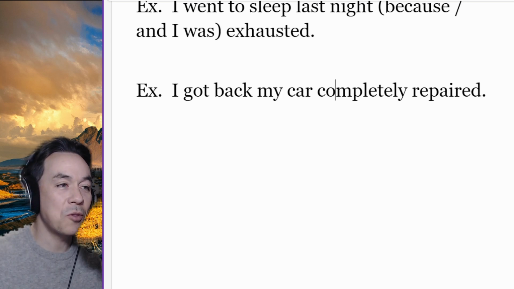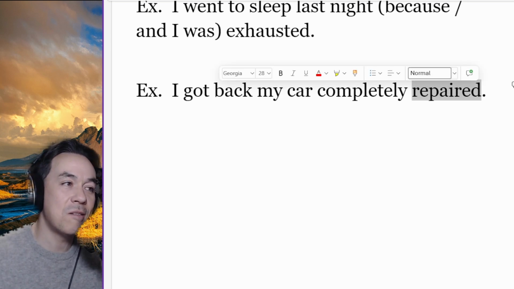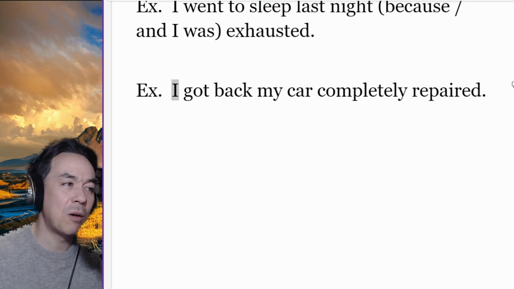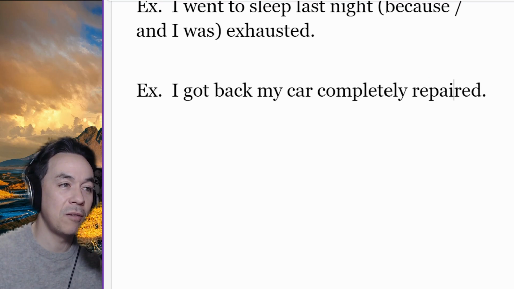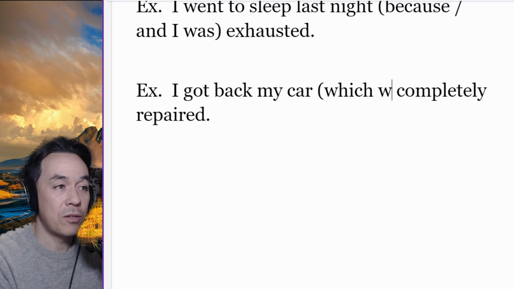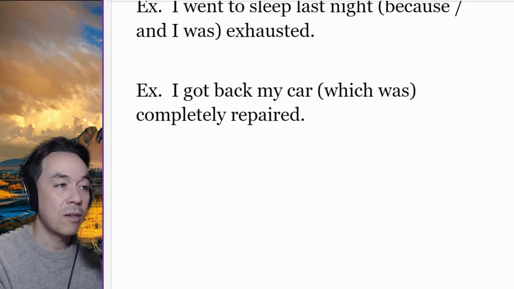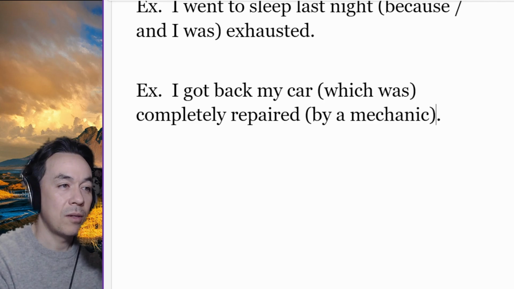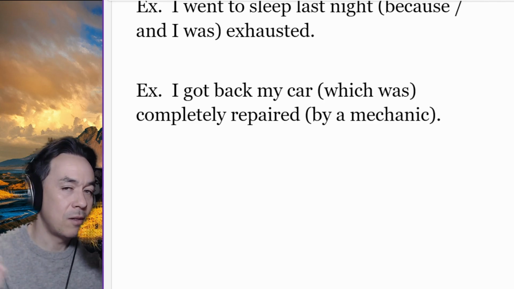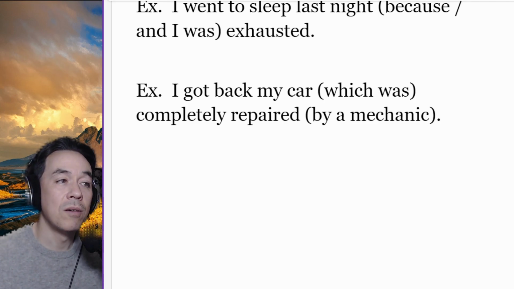So what is the repaired? Well, we don't repair humans, or I am a human, so we don't repair the human. So of course we know the repaired is the car, which is, again, yeah, which was completely repaired, past tense, by a mechanic. But we don't worry about it. Who? I don't know. Not important.